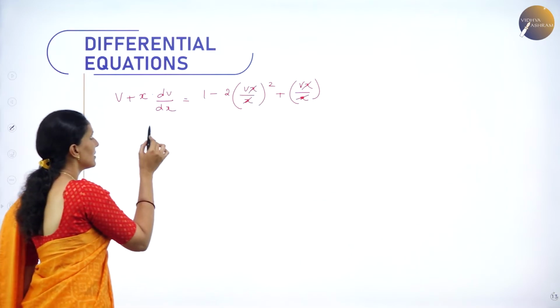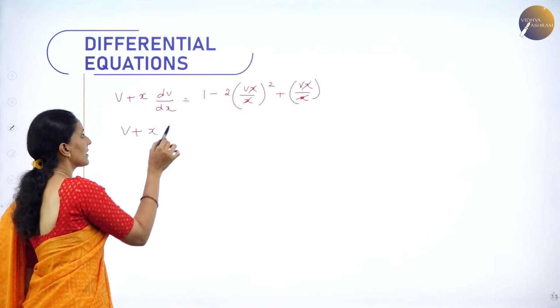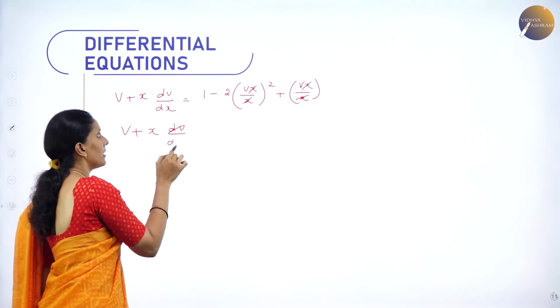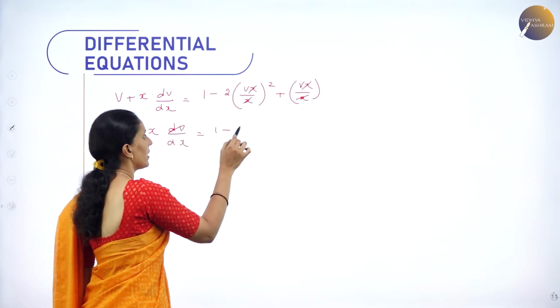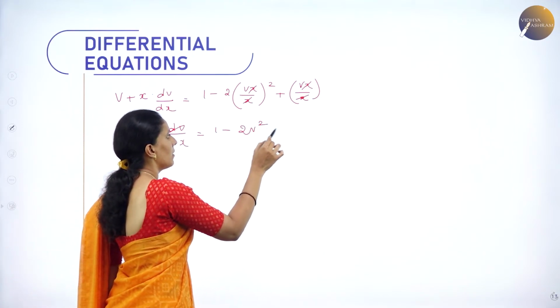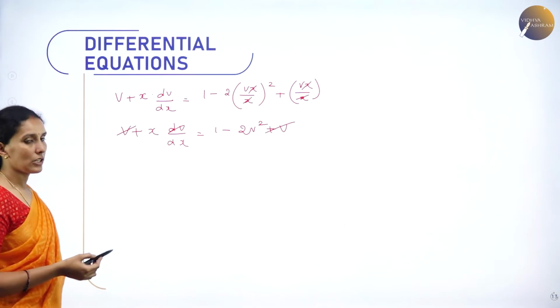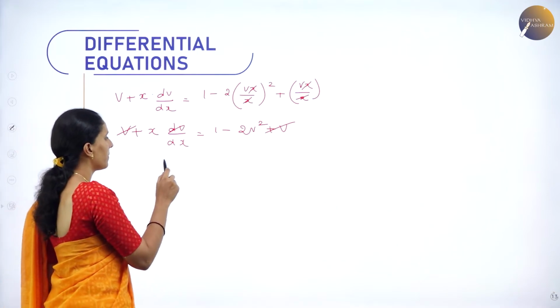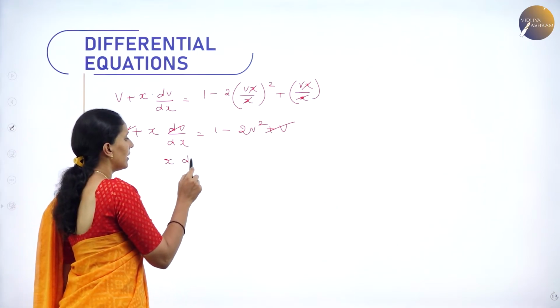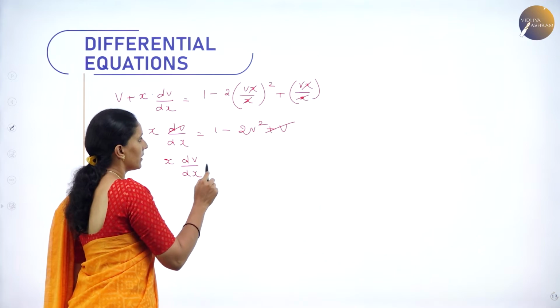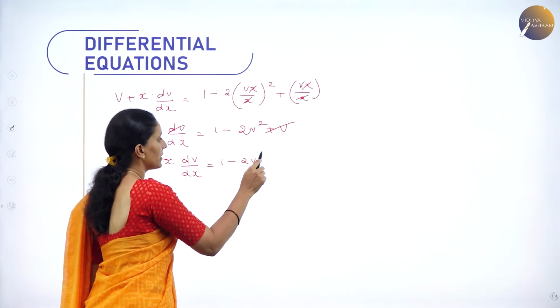The x's get cancelled, so I can write v plus x dv by dx is equal to 1 minus 2v square plus v. Plus v gets cancelled on both sides. Then we have x dv by dx is equal to 1 minus 2v square.